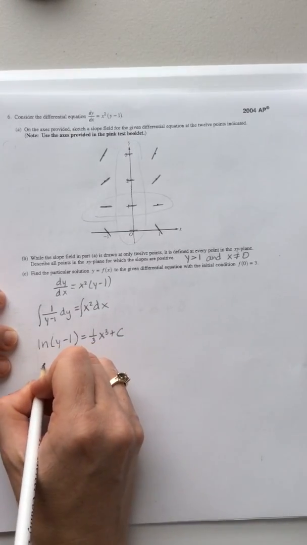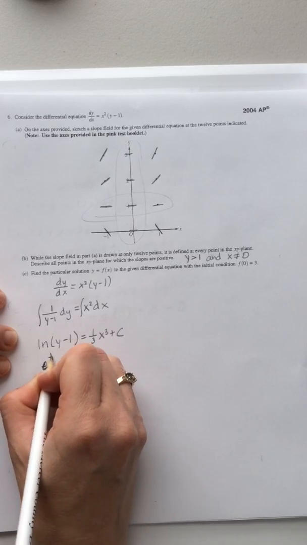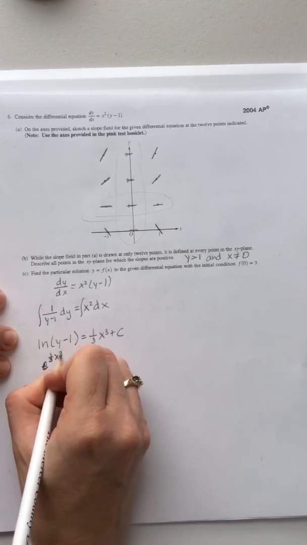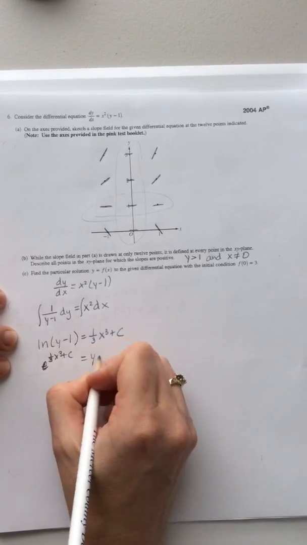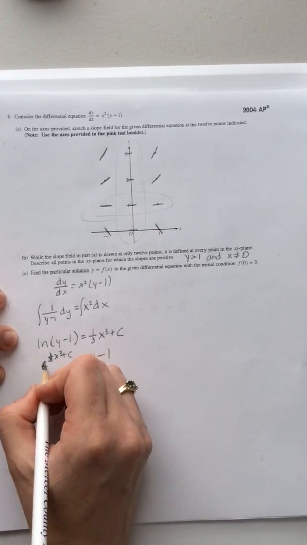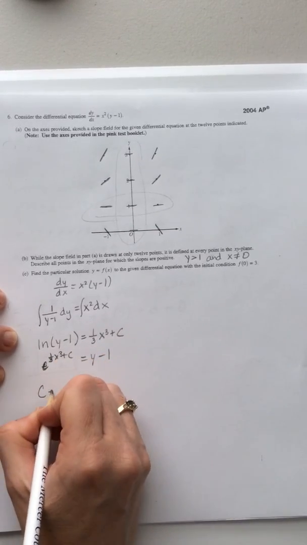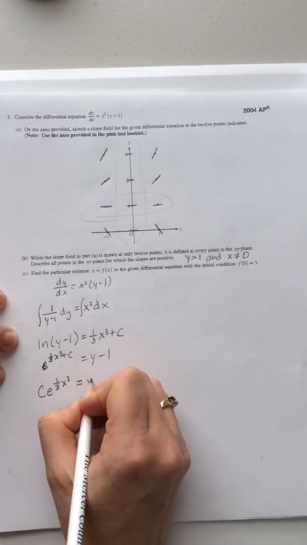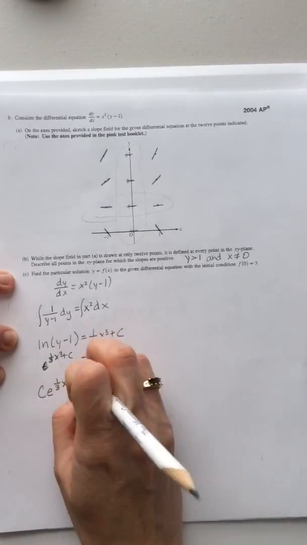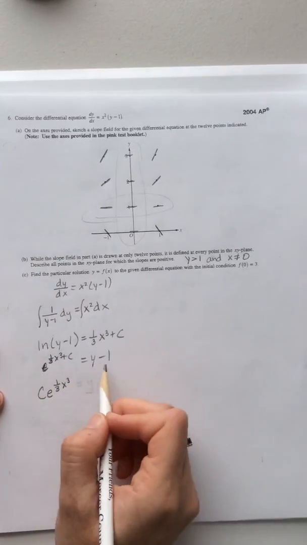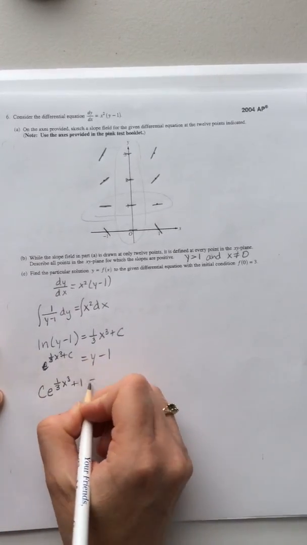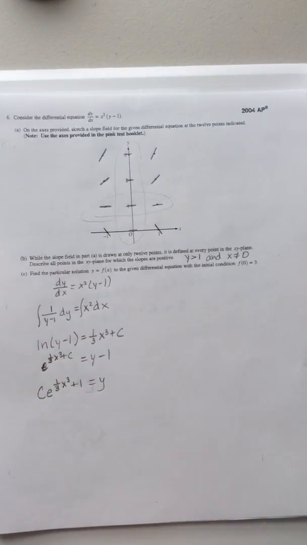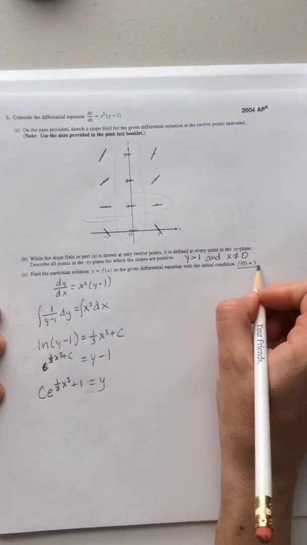So now I'm going to solve it. Let's change the form. e to the 1/3 x cubed plus c equals y minus 1. Or, again, it's added, so it's multiplied. This becomes c e to the 1/3 x cubed equals y. Oh, plus 1 equals y, sorry. Rewrite this and add this 1 at the same time. And it wants the particular solution at this point, (0, 3).